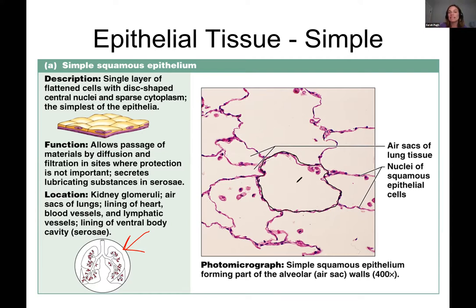This sort of center part is not a cell. This is actually the air sac. So your oxygen goes in here when you breathe, and from there it's going to diffuse out into your bloodstream. You can see there are some little capillaries in here, like here's a capillary, okay? And you can actually see the little nuclei of all those simple squamous epithelial cells. So those are those really flat-shaped cells.